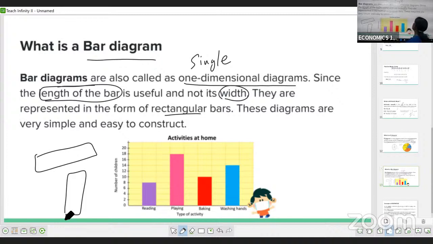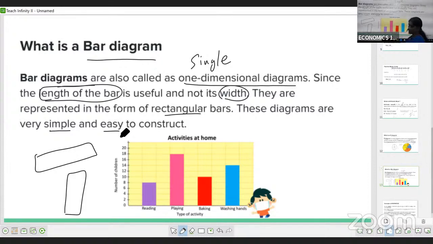These bar diagrams are very easy to understand and very easy to construct also.